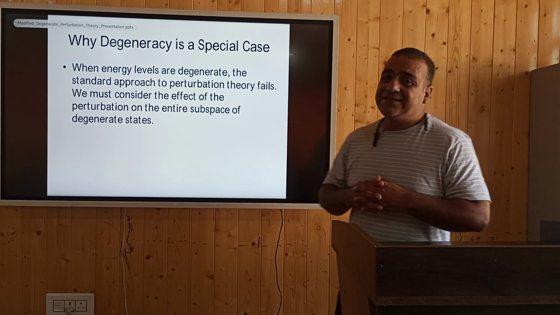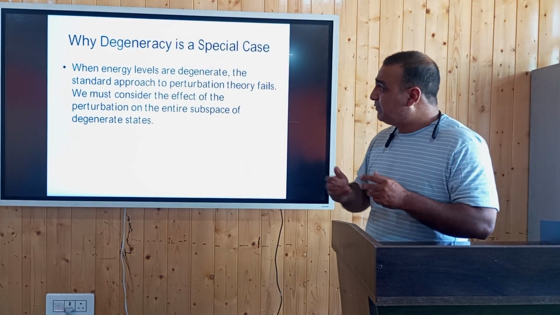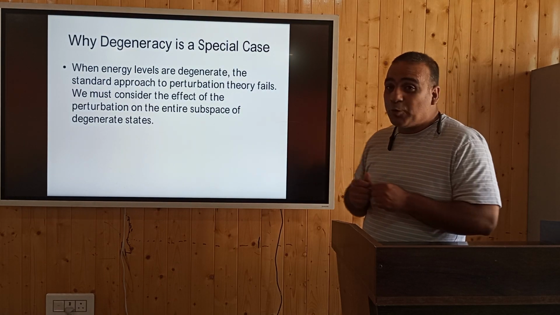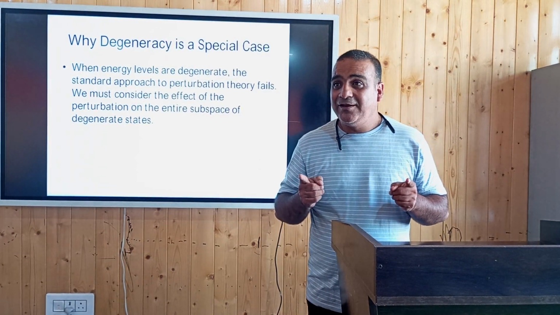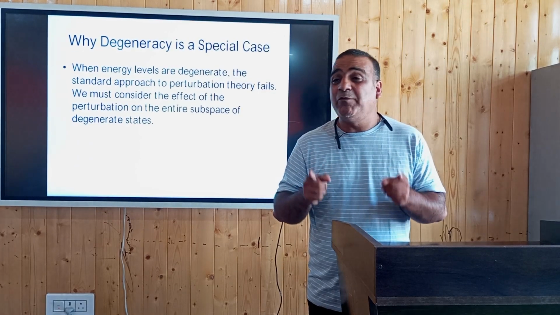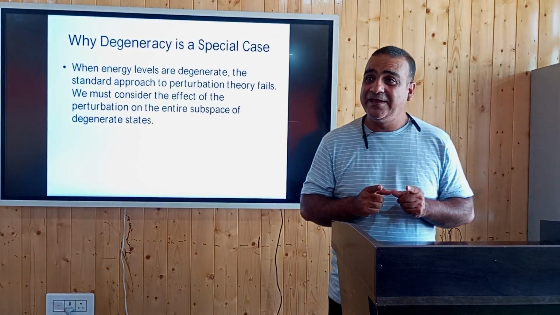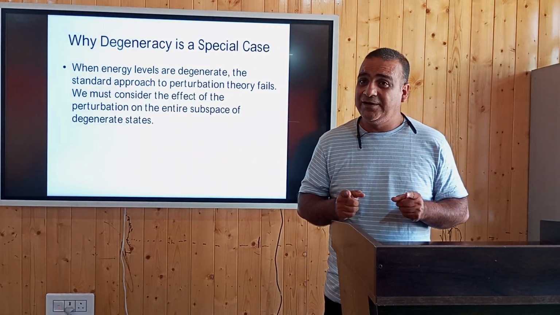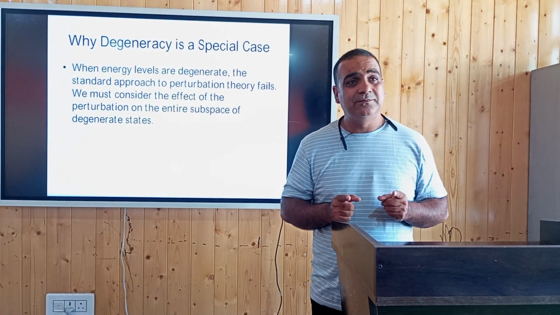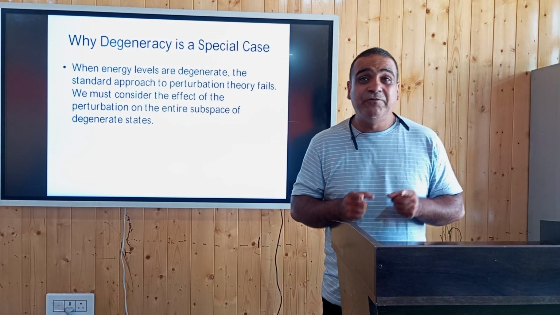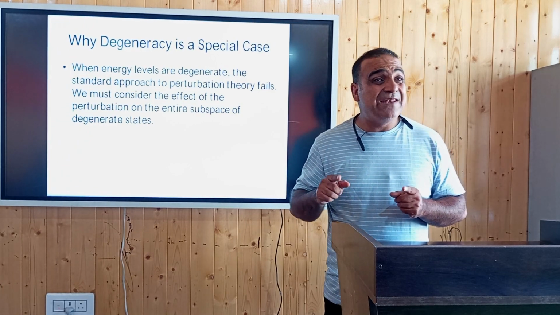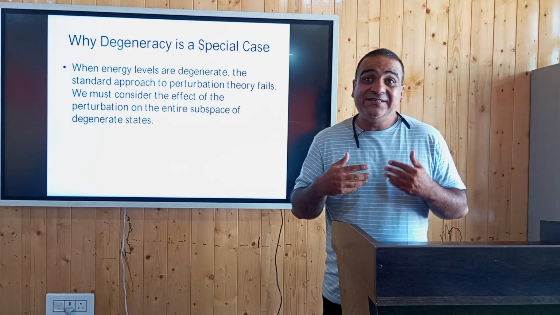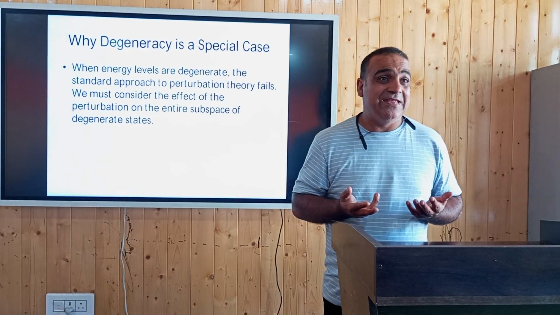Now, why is this degeneracy special? When energy levels are degenerate, the standard approach that we have, you remember when we chose the problem of a non-degenerate system and we calculated the first order correction or the second order correction in the eigenvector of your problem, in the denominator, if you remember, you had En minus Em. So when I say degenerate, En is equal to Em.